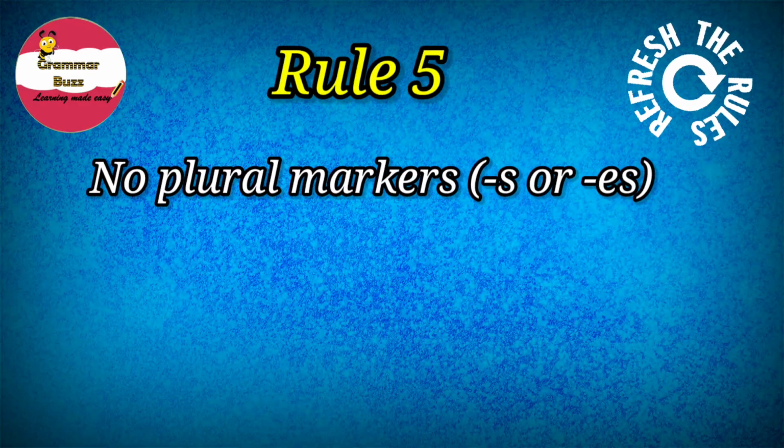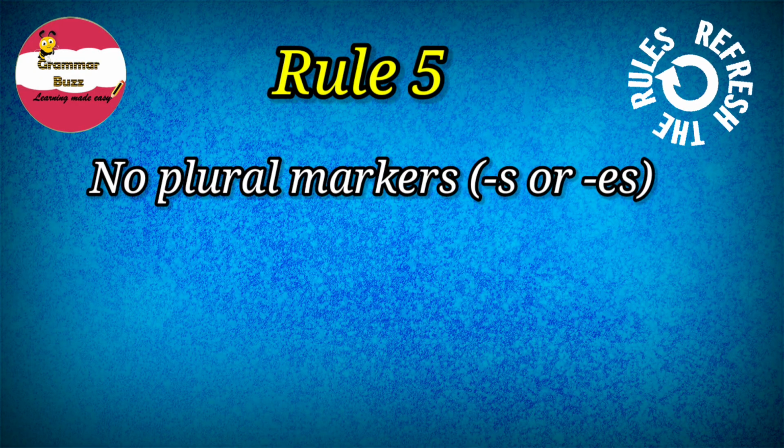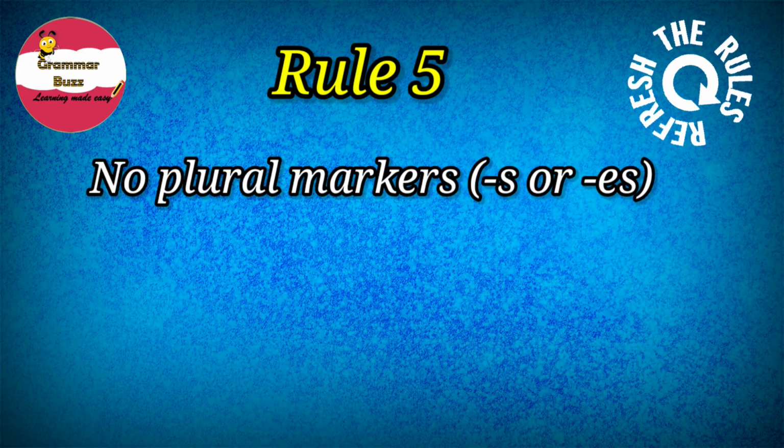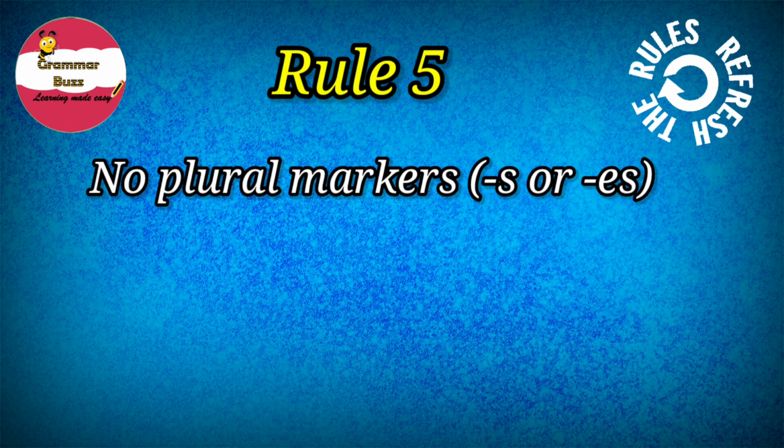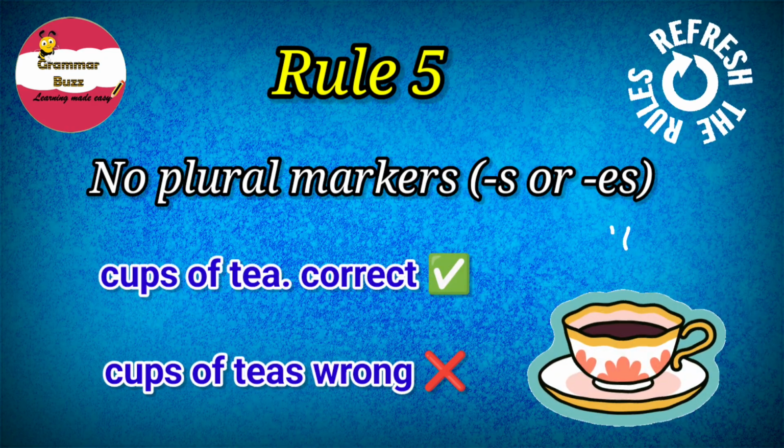Rule 5. No plural markers like s or es can be used with material nouns. Material nouns are uncountable, so we cannot use s or es or any plural forms with them, but we can definitely use s or es with the containers and the units. Look at the example sentences.